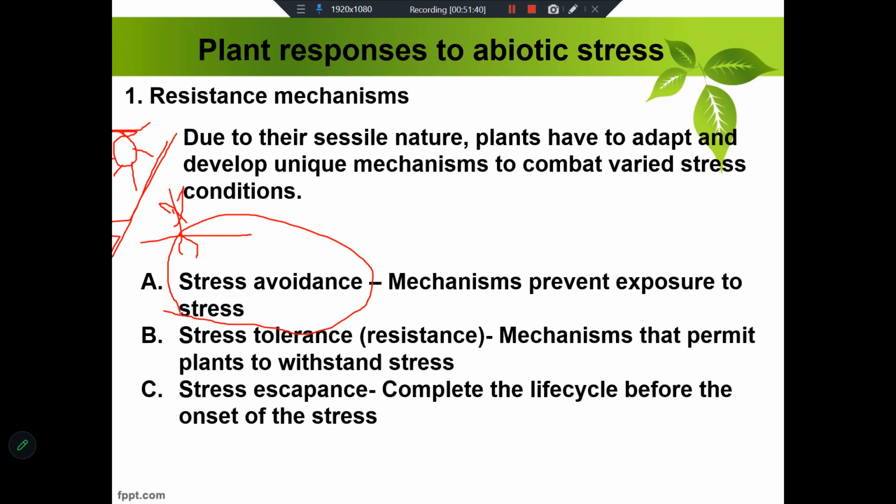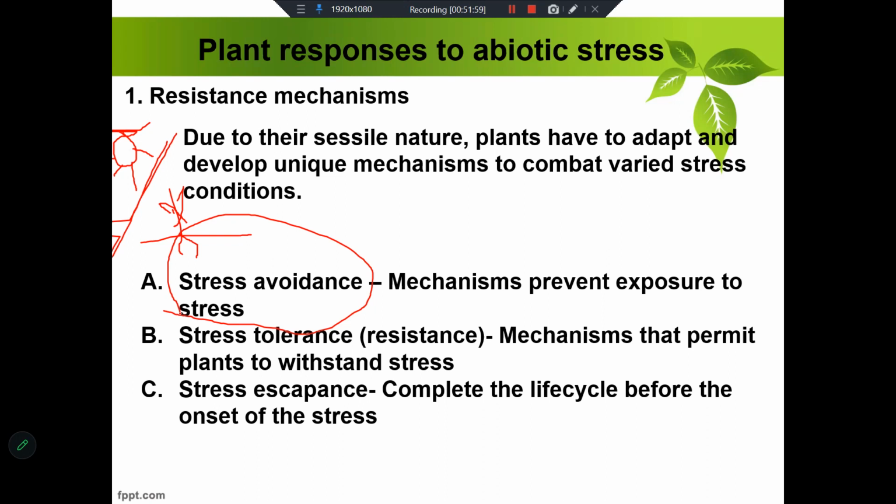Some plants can complete their life cycle before the onset of the stress. There are some predictable stress conditions. Especially if you think about the temperate countries, temperature changes can be predictable. I am not talking about small changes, I'm talking about the seasonal changes.